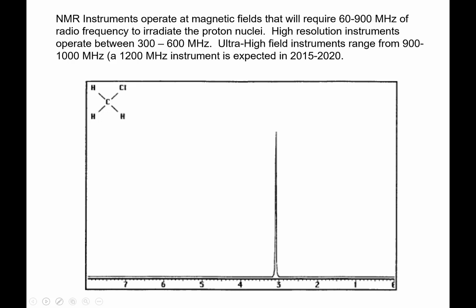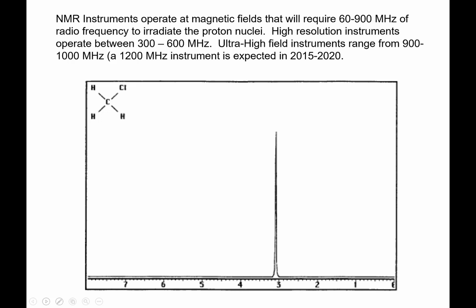Or at least we'll be able to tell the difference between methyl, ethyl, propyl, isopropyl, butyl, pentyls, all the different isomers. We'll do some problems with that. We haven't been able to do that so far with IR. So that's where it's going to get interesting.